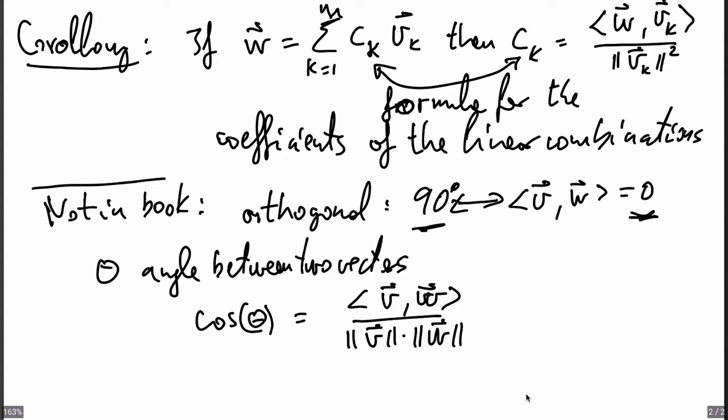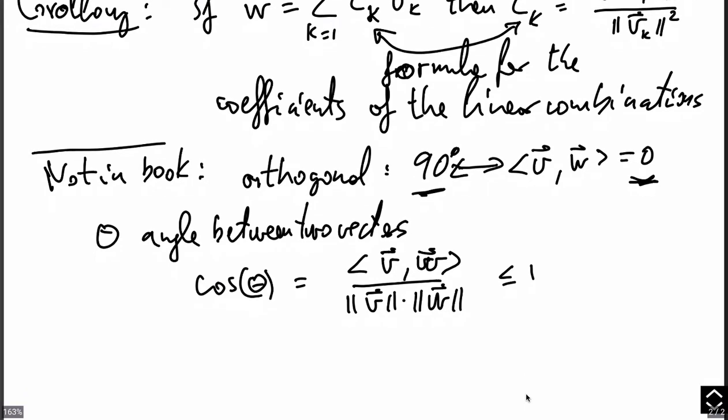And because of the Cauchy-Schwarz inequality, this is less than or equal to 1 and greater than or equal to -1, as it's supposed to be for the cosine of an angle. The interesting thing is that this holds even for functions.